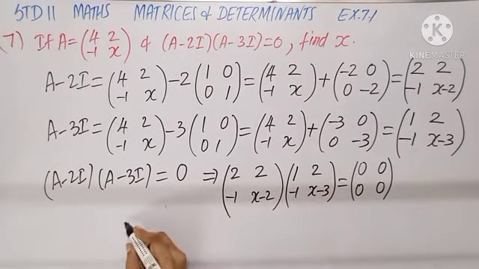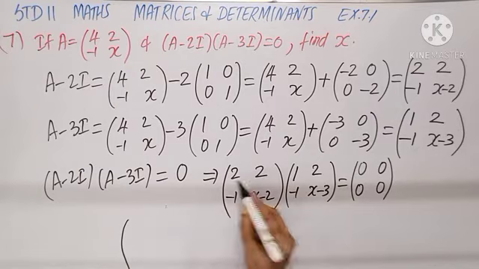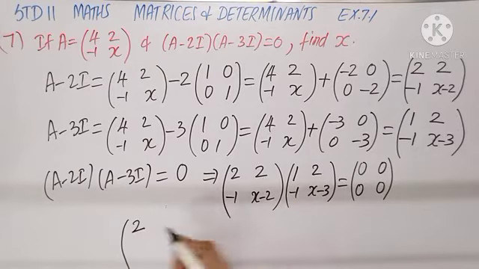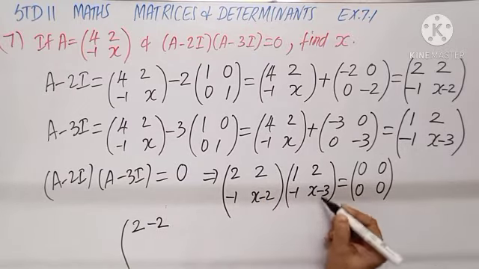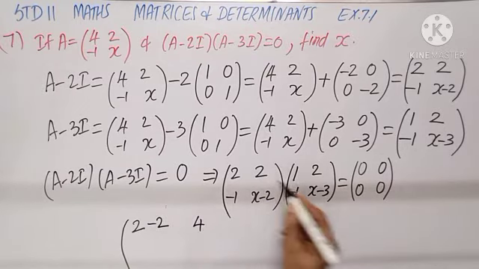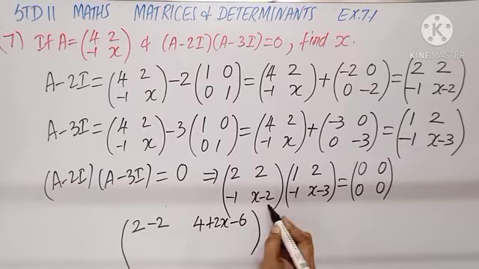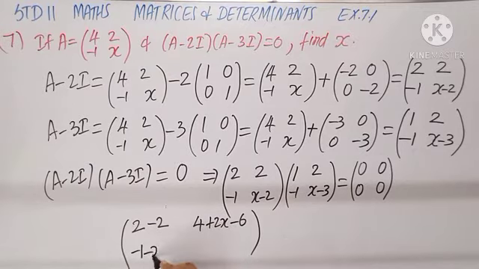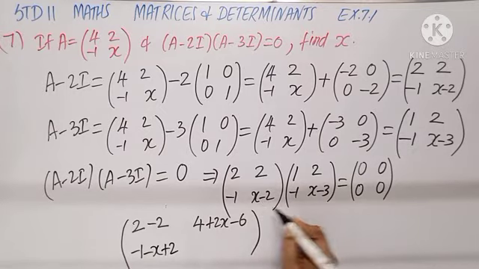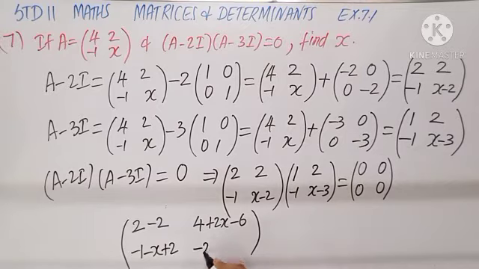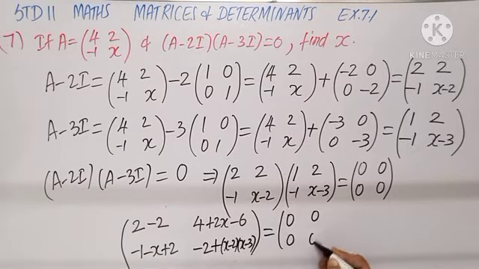As we multiply row by column, 2 into 1, 1 into minus 1. First row by second column: 2 into 1, 1 into x minus 3. Second row by first column: minus 1 into 1, x minus 2 into minus 1. Then second row by second column: minus 1 into 1 plus x minus 2 into x minus 3. This is equal to 0, 0, 0, 0.